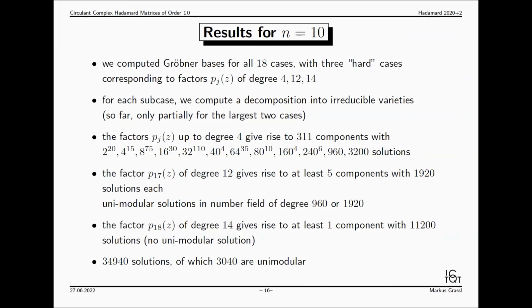And what I stated before, which is also confirmed for all these components, is that there's a little bit of numerical uncertainty for the big ones still. We only get about 1/10 of the solutions being unimodular.